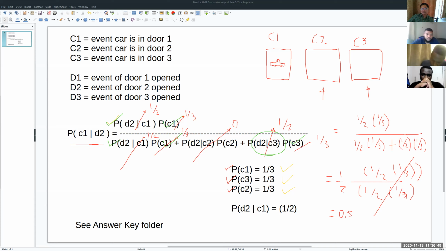Because the host will never open the door that has a car behind. So you are left with two doors. So 1/2.